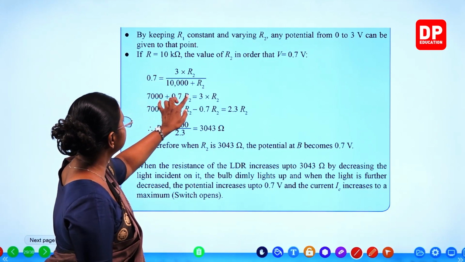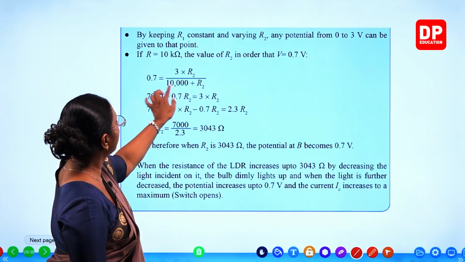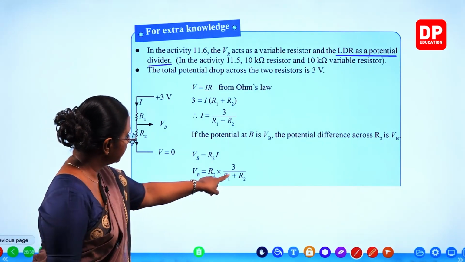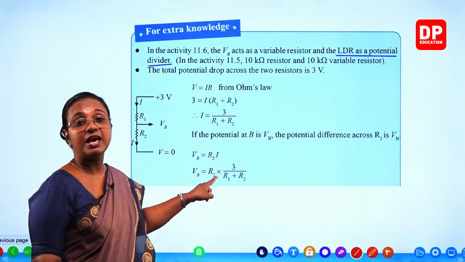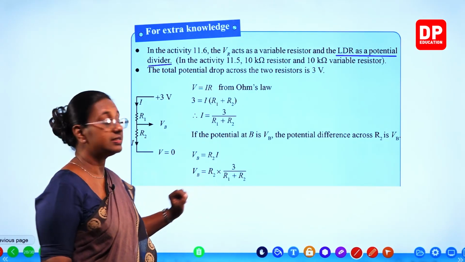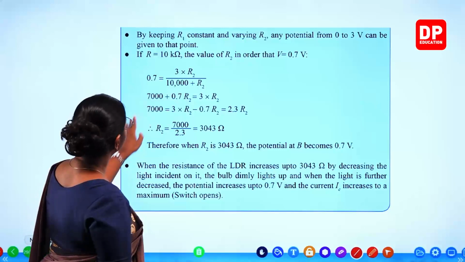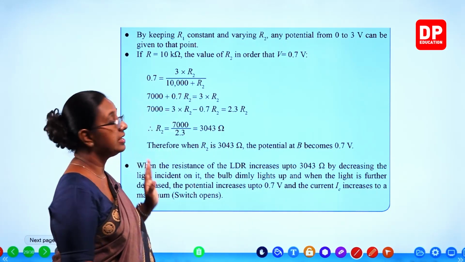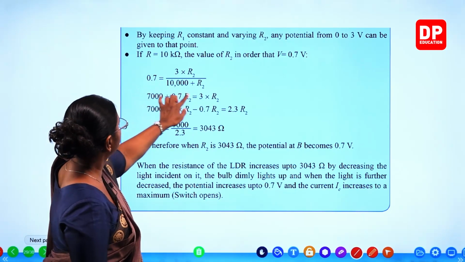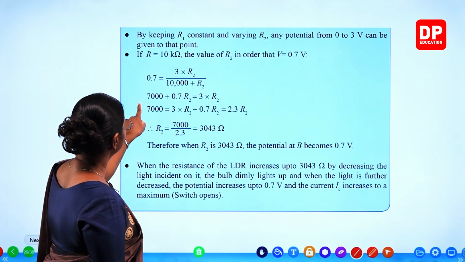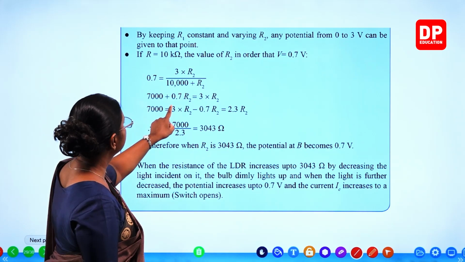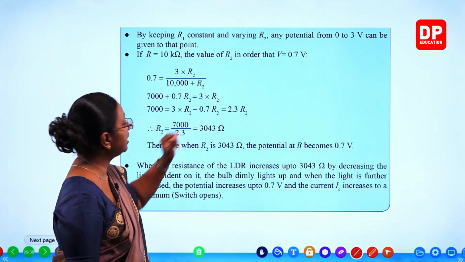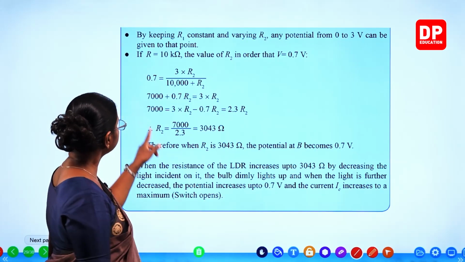How do we get this equation? 3 into R2 divided by R1 plus R2. Here, this R1 is what we have as 10 kilo ohms, that is 10,000 ohms. So, when you substitute that here and rearrange the equation, you take it to the other side. So, it becomes 7,000 plus 0.7 R2, that is equal to 3 into R2.